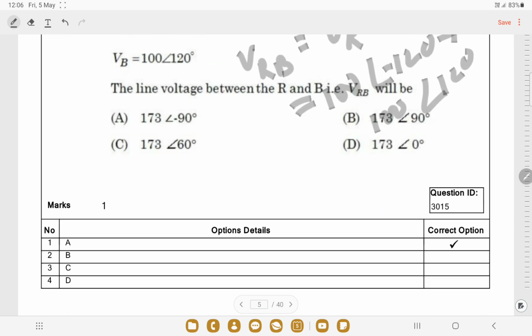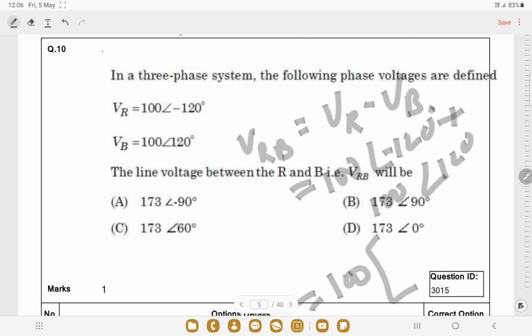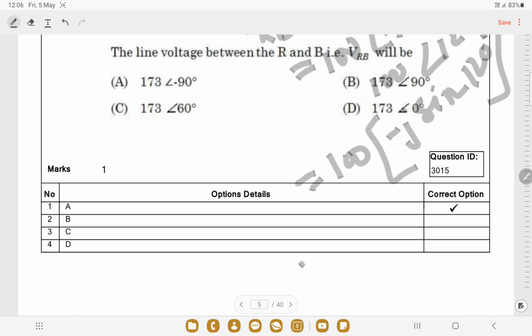If we take 100 common, now if we solve this, cos 120 degree plus j sin minus 120 degree, the cos term will be cancelled out and we'll have minus j sin 120 degree. That we'll get 173 minus j173. So the correct answer will be 173 angle minus 90 degree. So option A is the correct one.